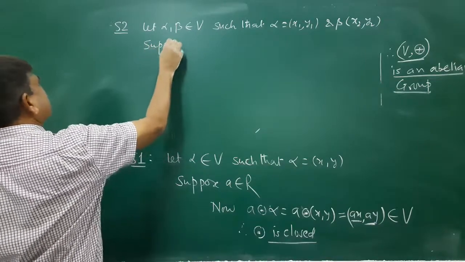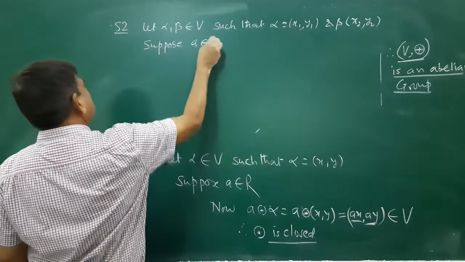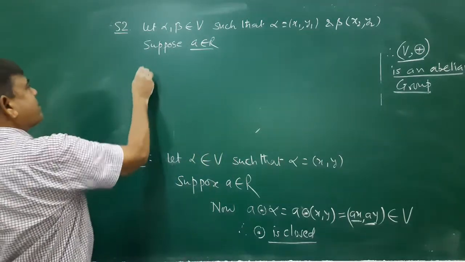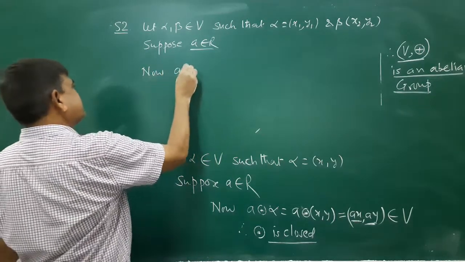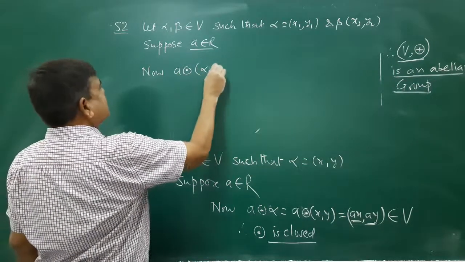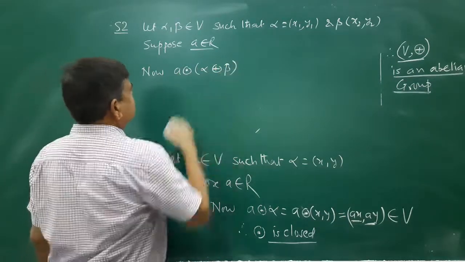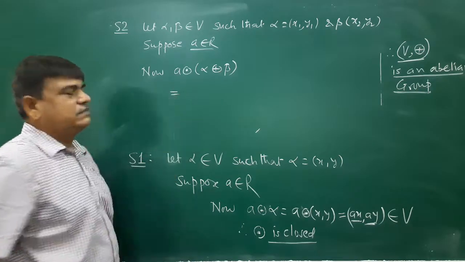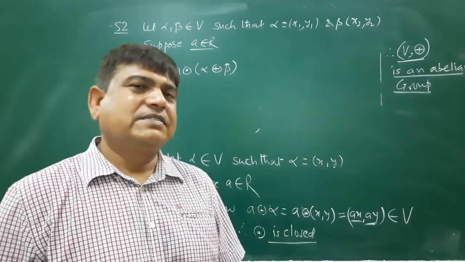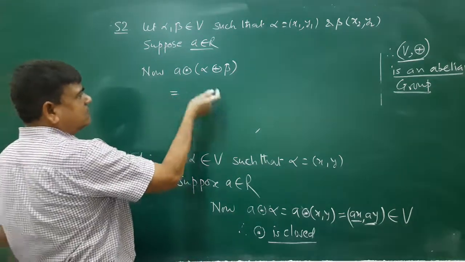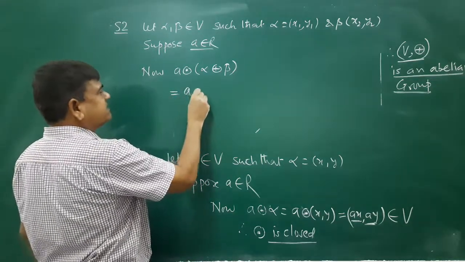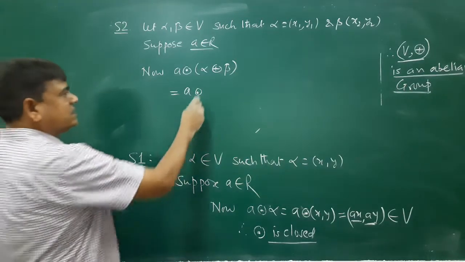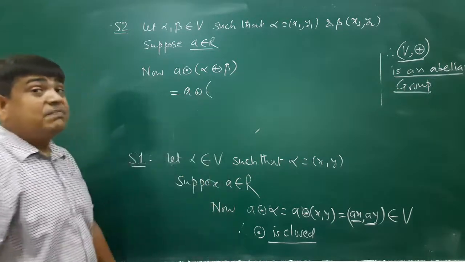Suppose A belongs to R. Now, A times alpha plus beta.